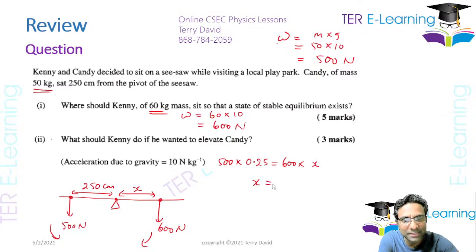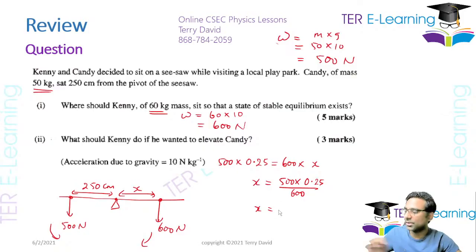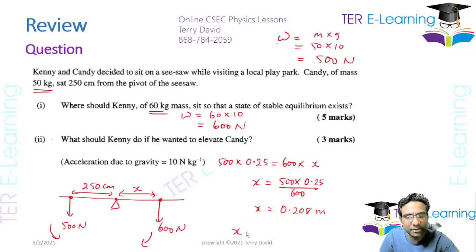Therefore, x is equal to 500 multiplied by 0.25 divided by 600, and you're going to get 0.208 meters. Or if you worked out your answer in centimeters, it'll be 208 centimeters. So any one of those will be fine.